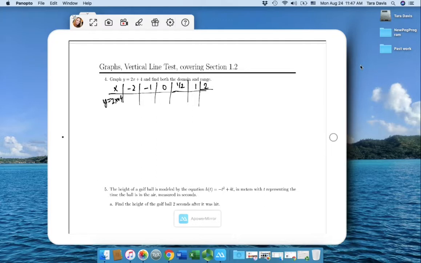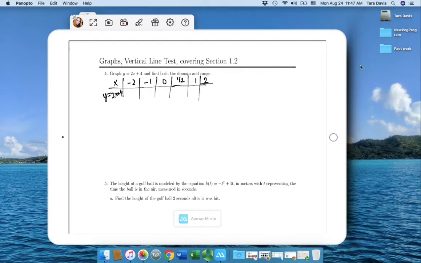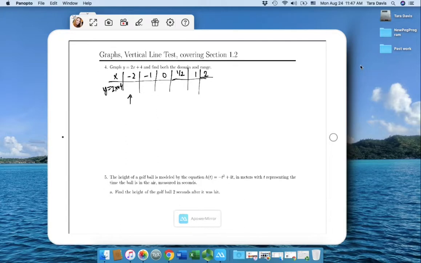Okay, so I'll show you what I'm doing for my work here. I have to do 2 times x plus 4 every time, and this time x is -2. So 2 times -2 is -4, plus 4 is 0, right?